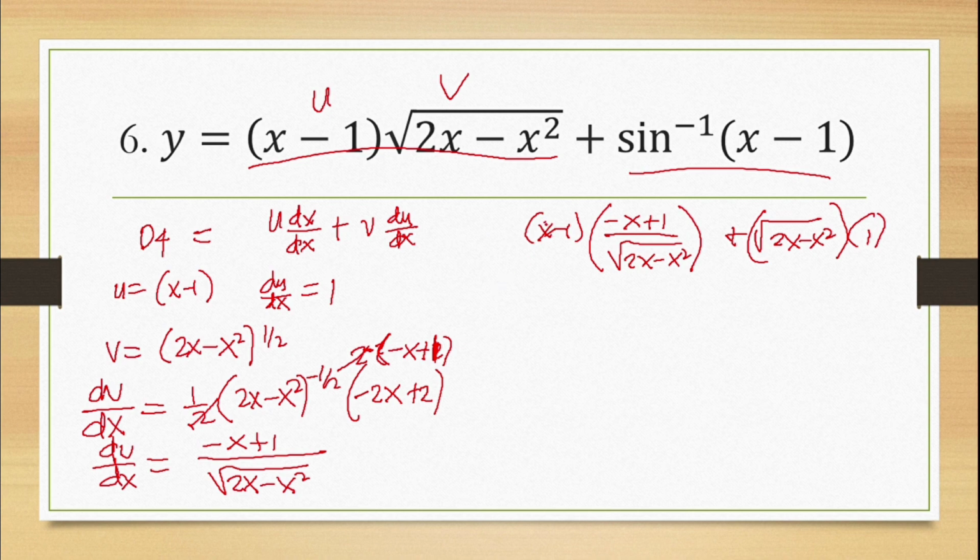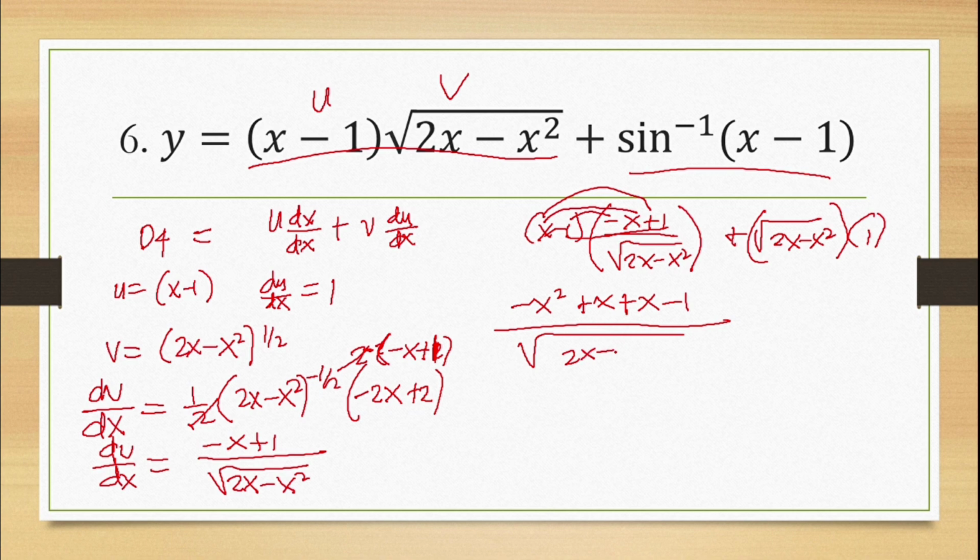Multiplying this part, we have negative x squared plus x plus x minus 1, over the square root of 2x minus x squared, plus the square root of 2x minus x squared.